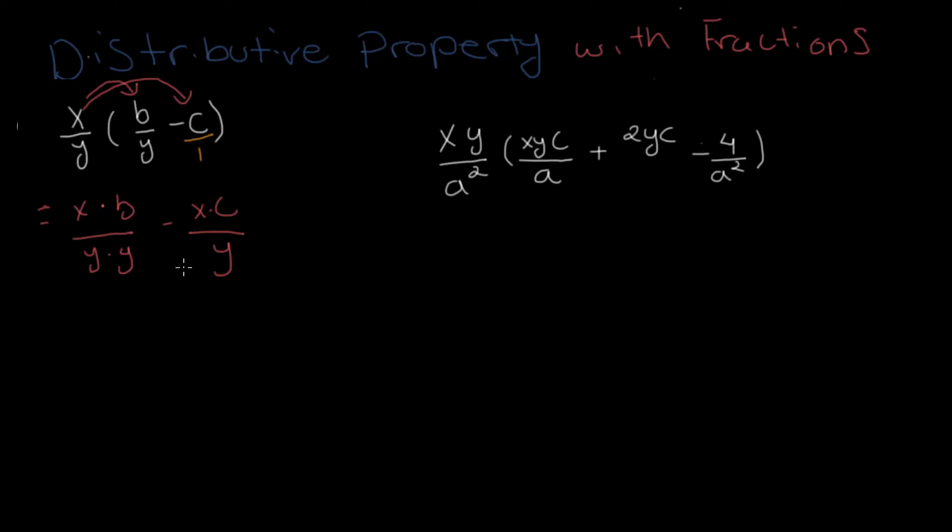So we're going to further simplify this, which is going to be xb minus xc over y squared, and then this is just going to be y by itself. So this is our final solution after we have expanded using distributive property.